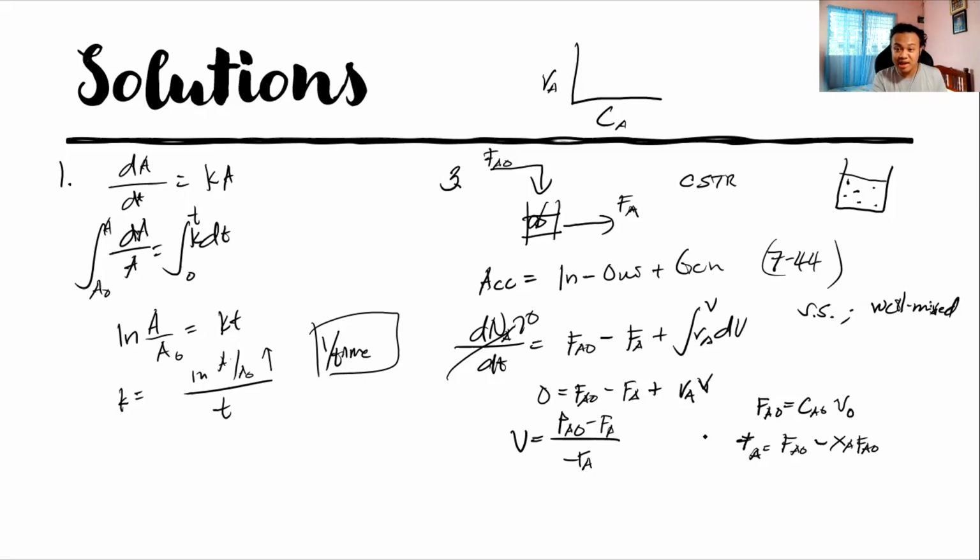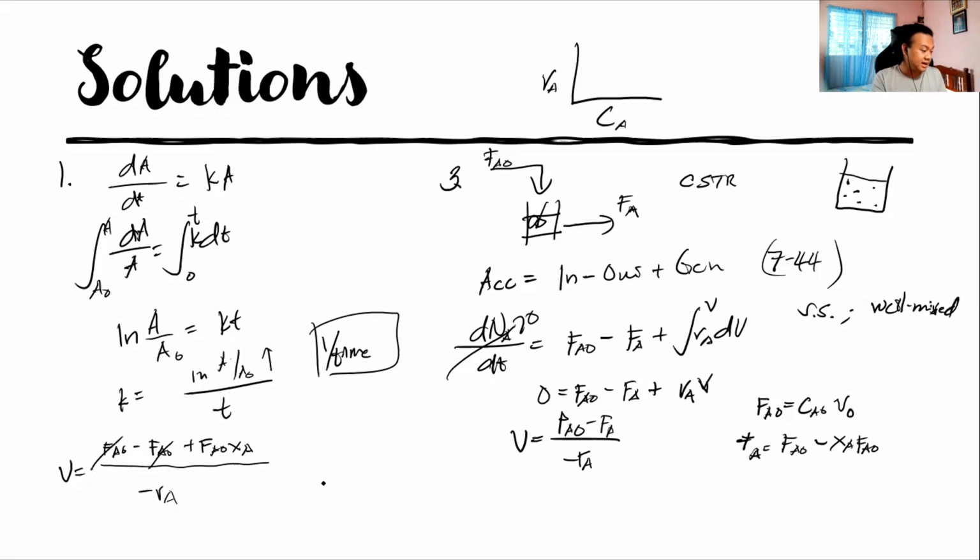We can replace them here in the equation. So V is equal to, let's substitute, FA0 minus FA over negative RA. Okay, so this is 0, diba?